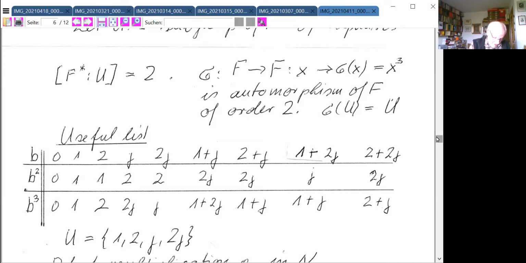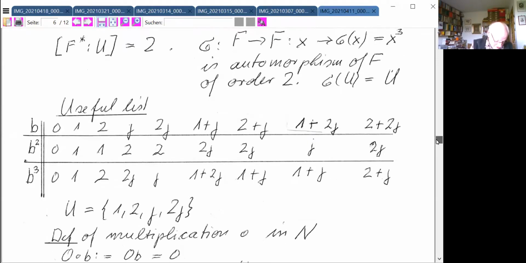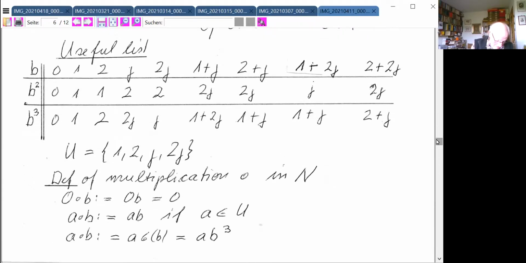And if one wants to build up a multiplication table, it's useful to compute the squares and the third powers of the elements. Well, 0, that's not interesting, and 1 as well.